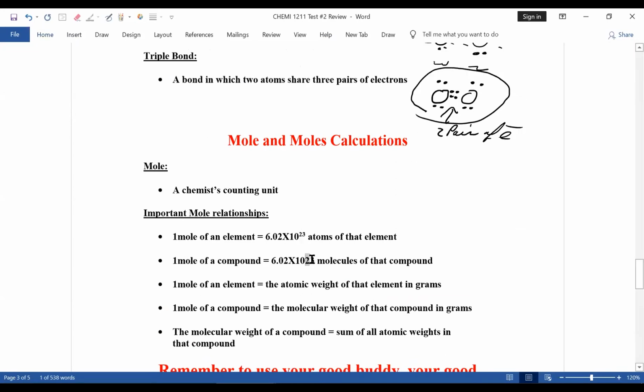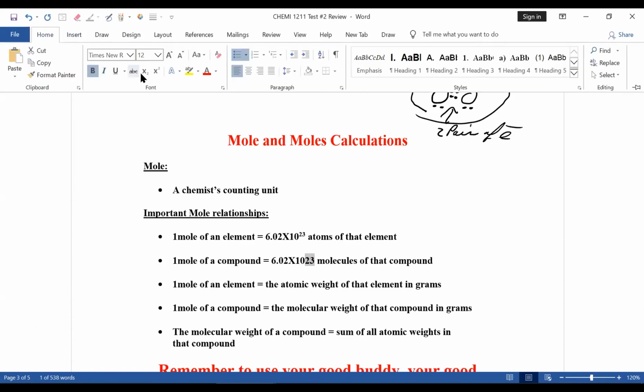A mole is Avogadro's number of atoms or molecules. And you could also put down a mole of an element is the atomic weight of an element. And a mole of a compound is the molecular weight in grams of a compound. So those are all things that a mole is.